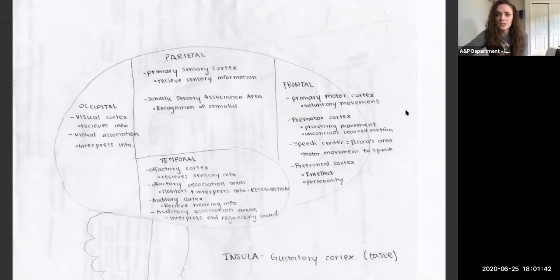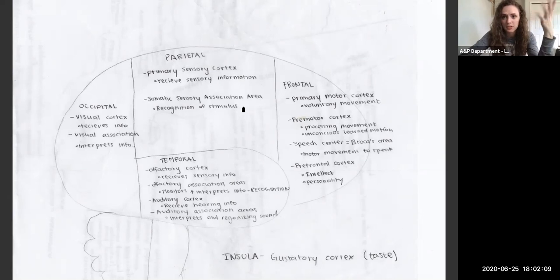So your association area receives the information and recognizes the stimulus, while the cortex area decides what to do with that stimulus. I know that receive sensory information, like on this one, is confusing, but it's just receiving the information from the association area in a way that makes sense to your brain.